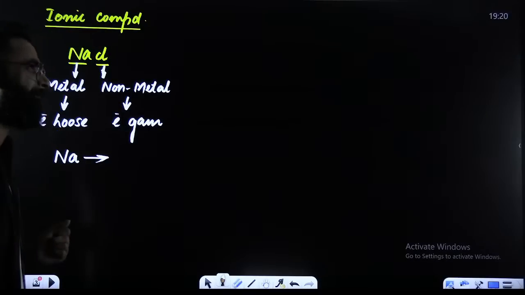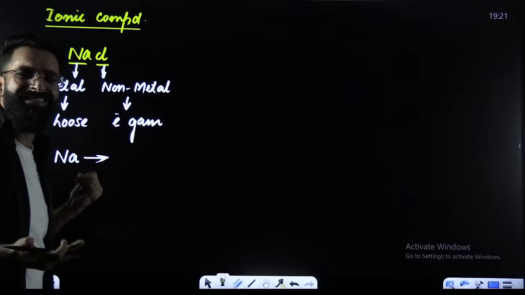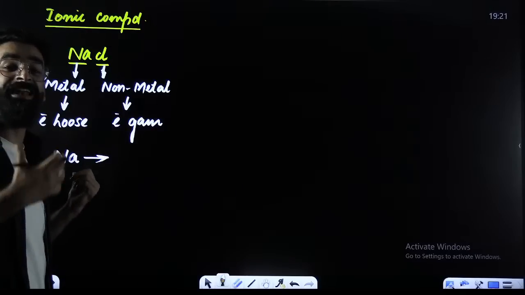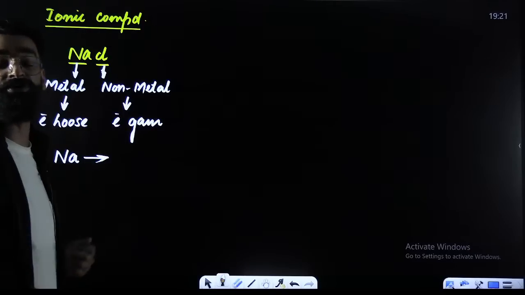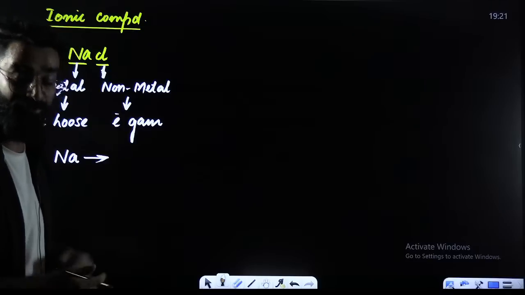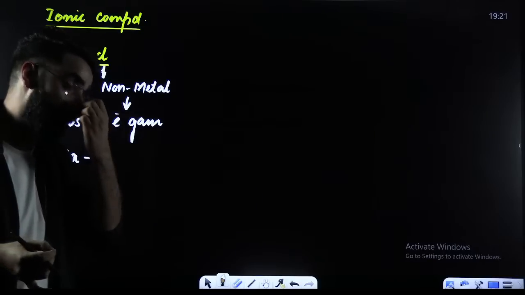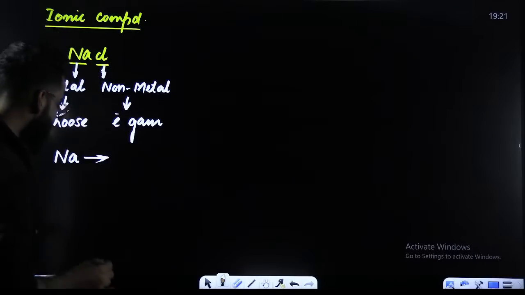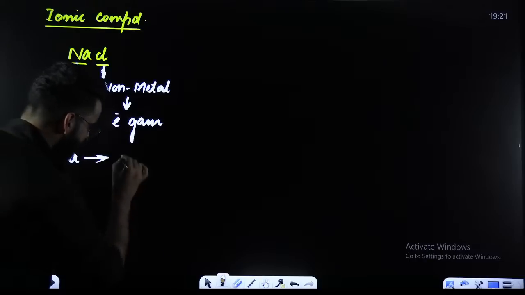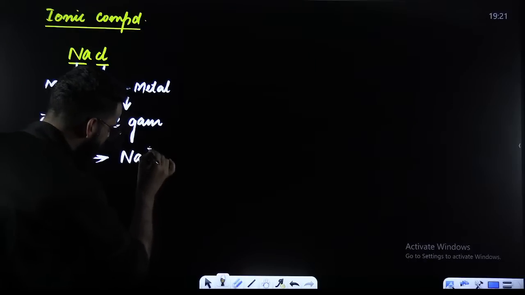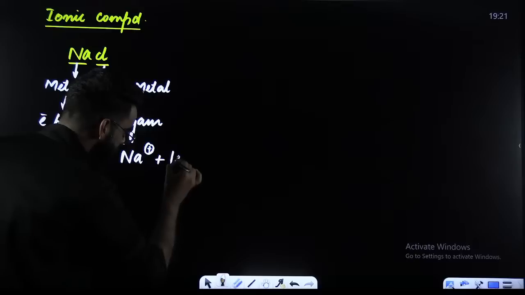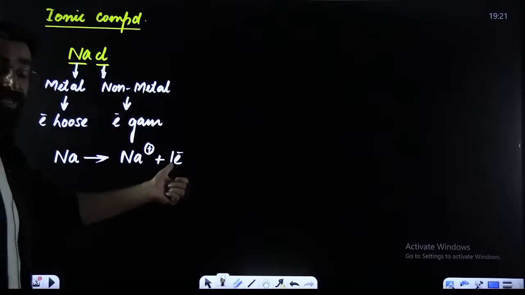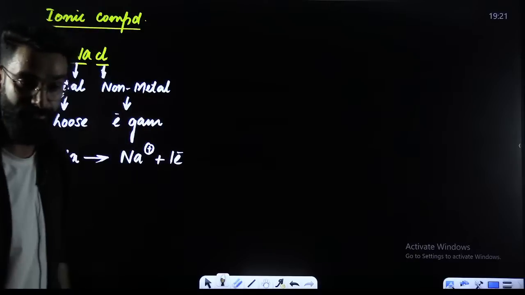Is it easy for sodium to gain 7 electrons, or to lose 1 electron? It is easy for sodium to lose 1 electron. So sodium loses 1 electron and gets converted into Na positive.